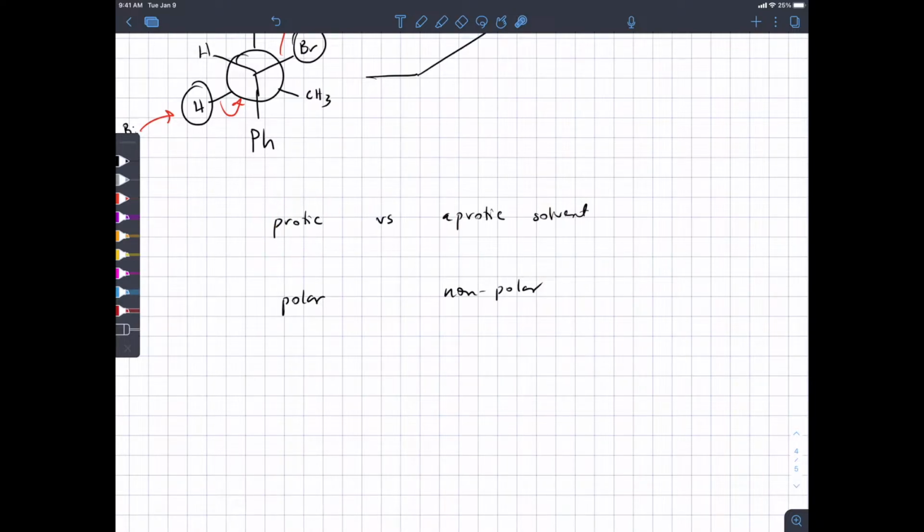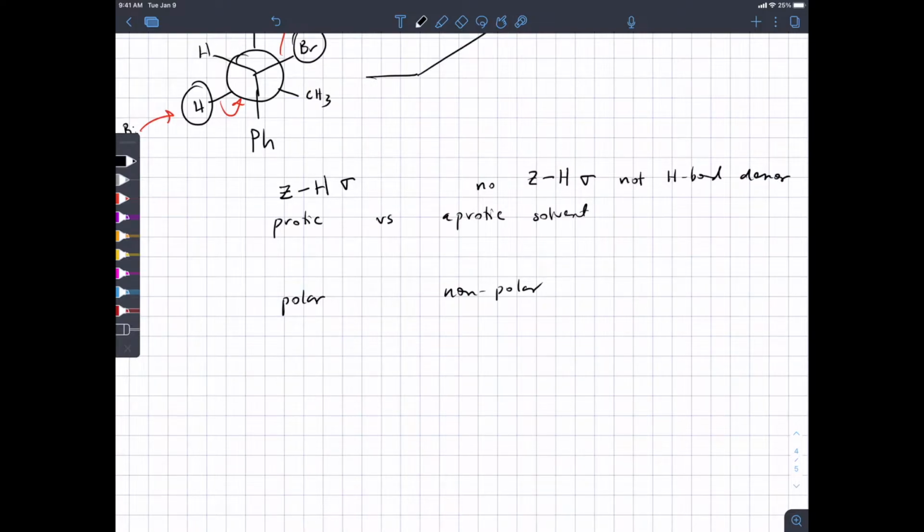Protic solvents are those that have, if Z is an electronegative atom, ZH sigma bonds. So these are solvents that can be hydrogen bond donors, and they can also be acids. Aprotic solvents are solvents that don't have bonds between hydrogen and an electronegative atom. So these are not hydrogen bond donors.